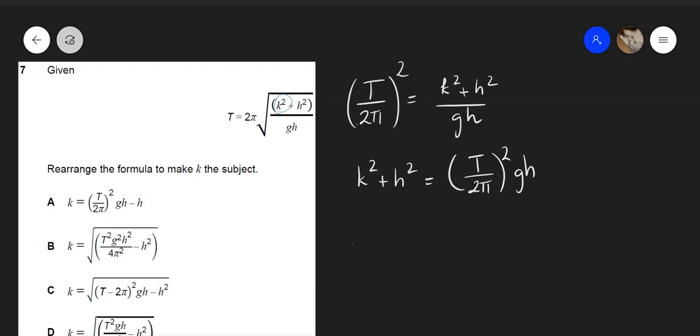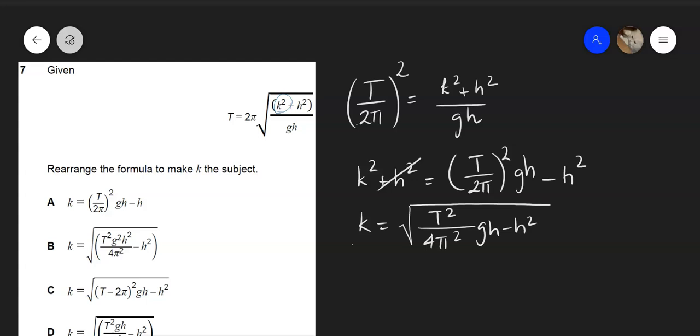So I'm just going to get rid of h squared on the left hand side and subtract h squared on the right hand side. So k equals square root of t squared over 4 pi squared gh minus h squared.